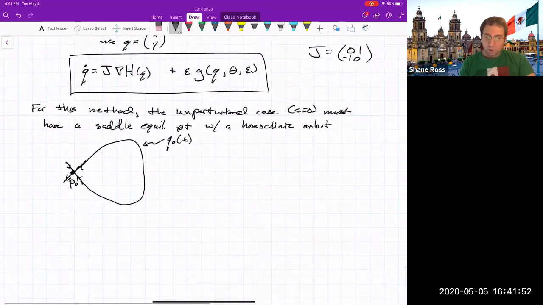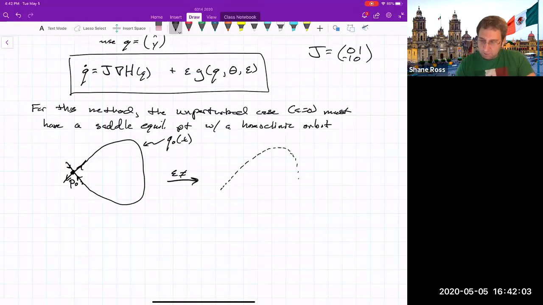And then when you perturb, so that means make epsilon not equal to 0, we still remember the unperturbed homoclinic orbit, and so we're kind of writing it in shadow here, and that's P0.